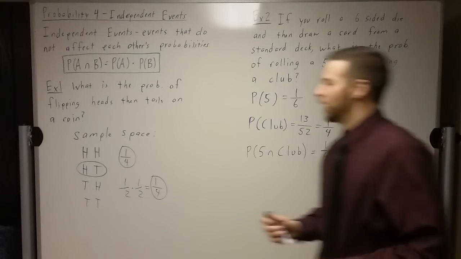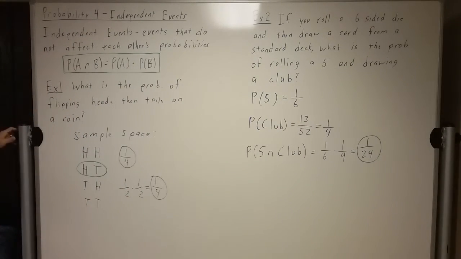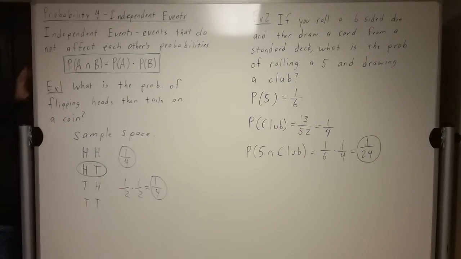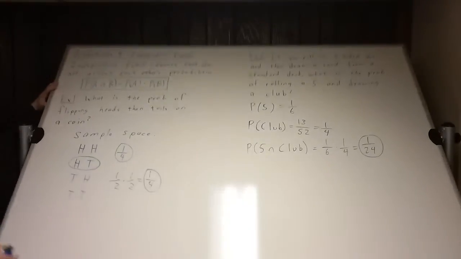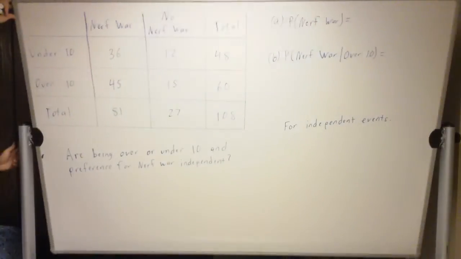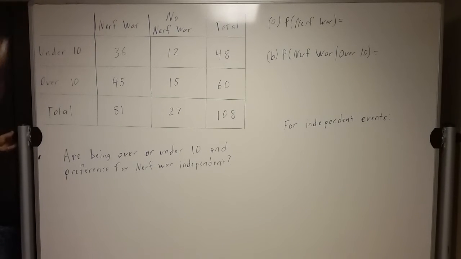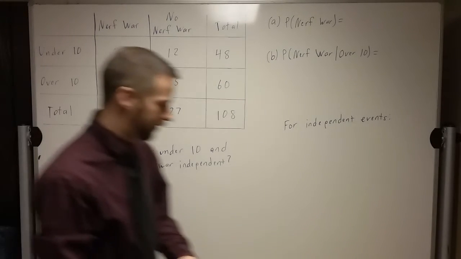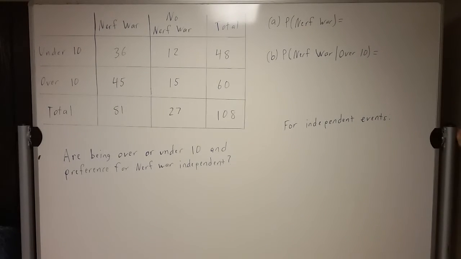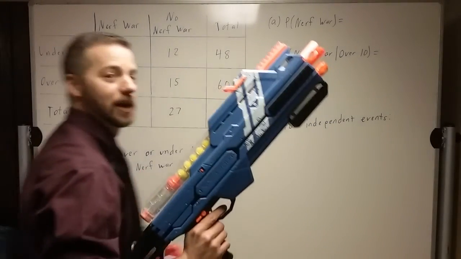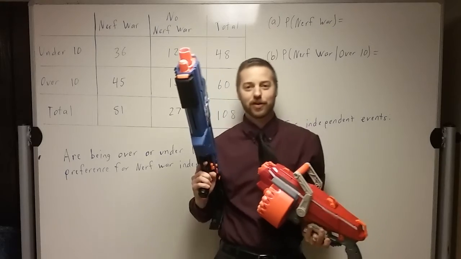All right, and then the other thing that I wanted to do a little bit with this today is I wanted to talk about how this works on a two-way table. And so we're going to look at a two-way table here that has to do with something that I find enjoyable, which is Nerf wars.